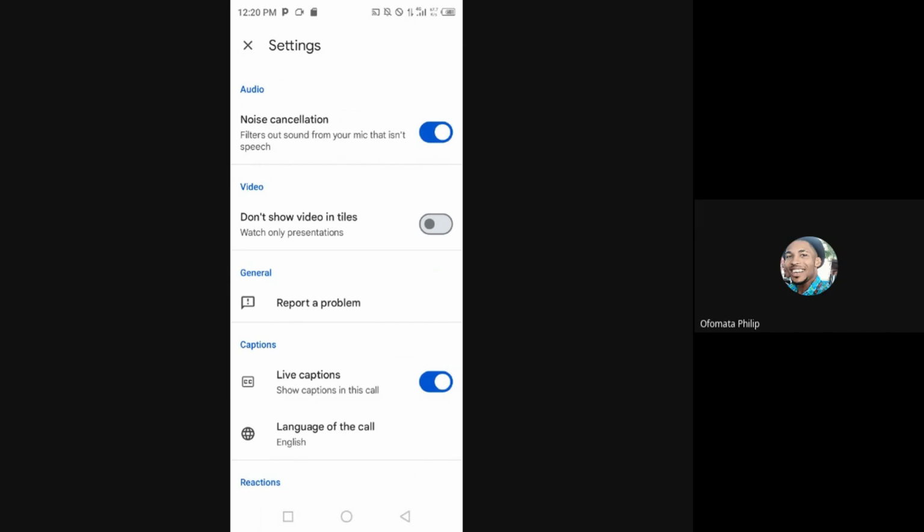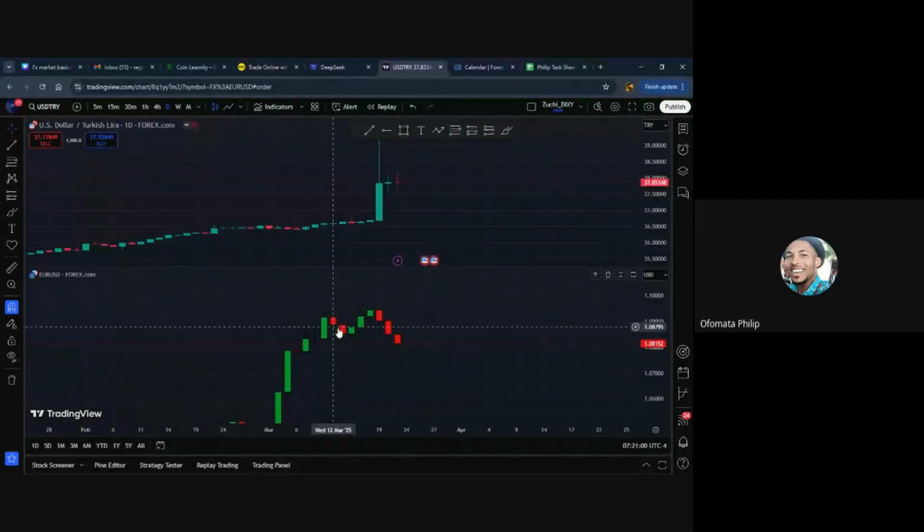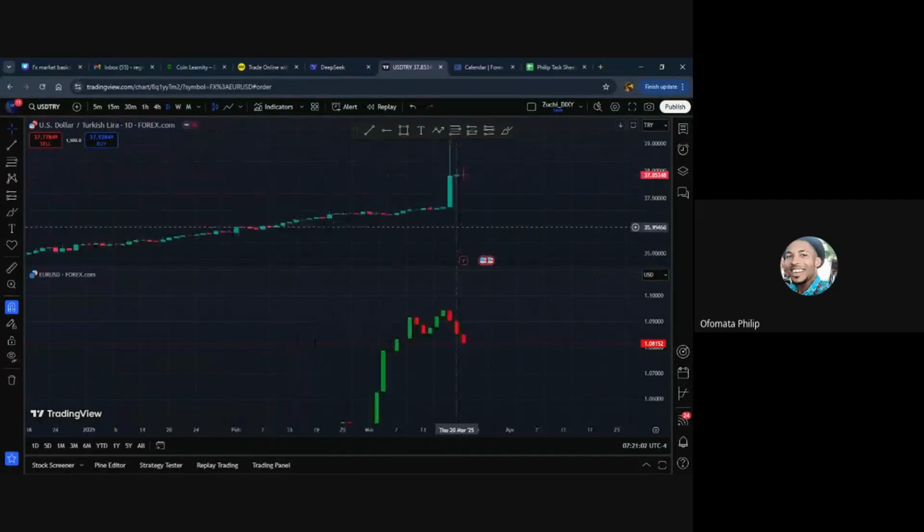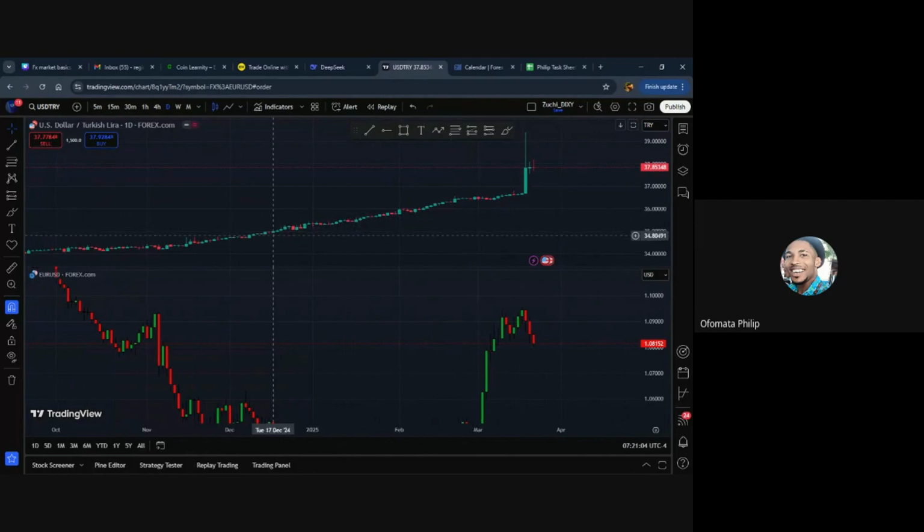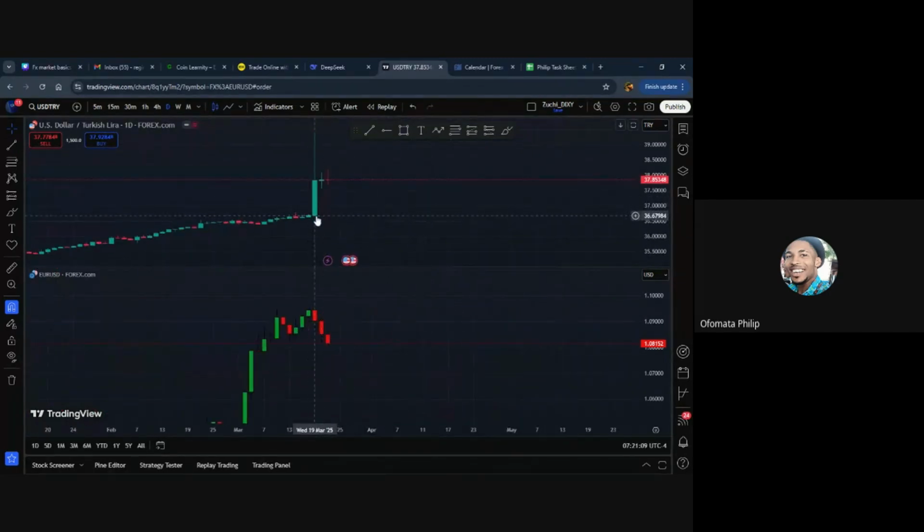Now you can see that the Euro USD is actually moving, and these are the daily candles. Every day it is moving, but not with very large momentum. But the Turkish lira has just been gradually moving and consolidating, and then in 1 day you have this massive pump, just like a crypto token.